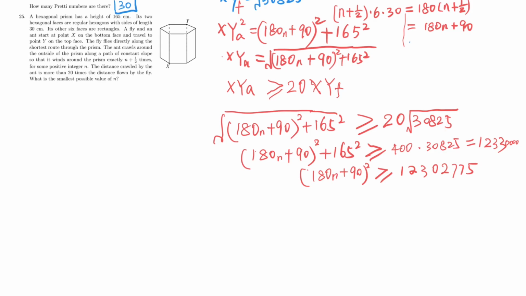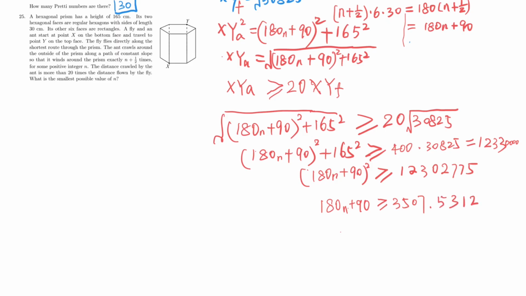So take the square root: 180n plus 90 is greater than or equal to 3507.5312, keeping 4 decimal places.